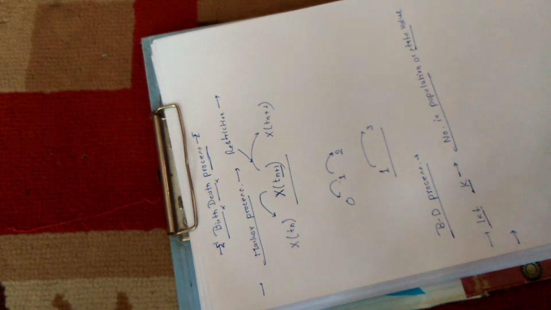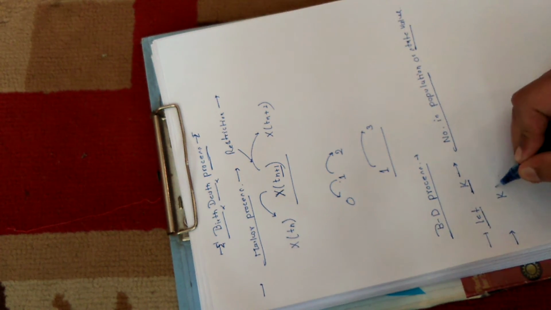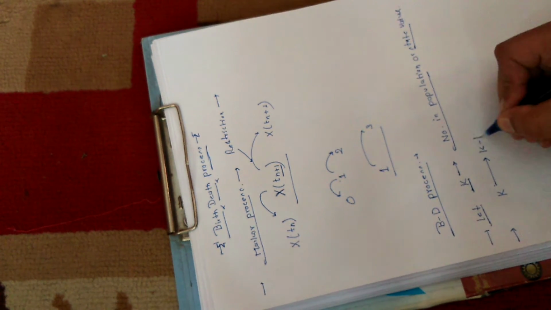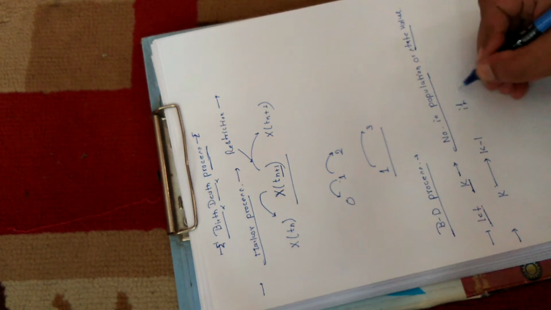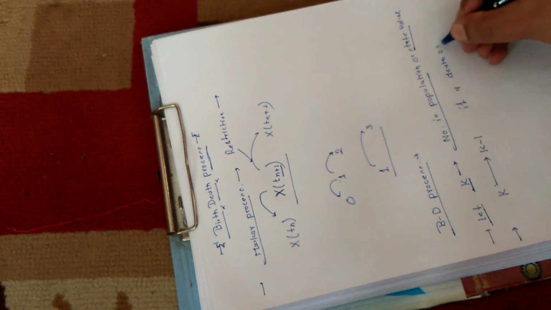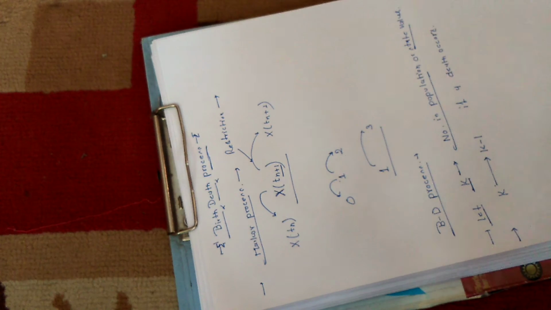The next thing is the BD process moves from its state k to k minus 1 if a death occurs.